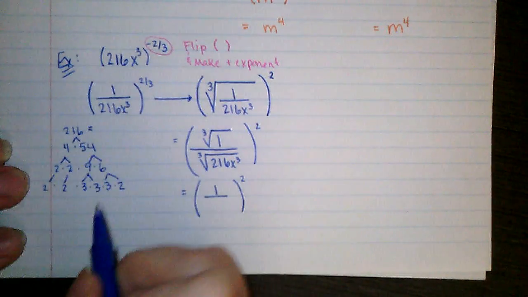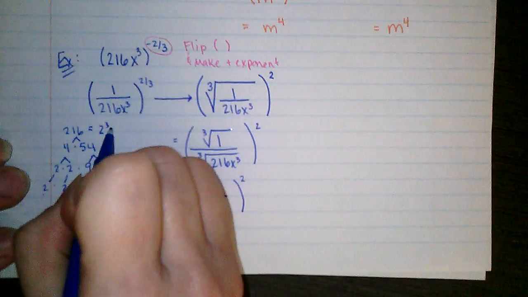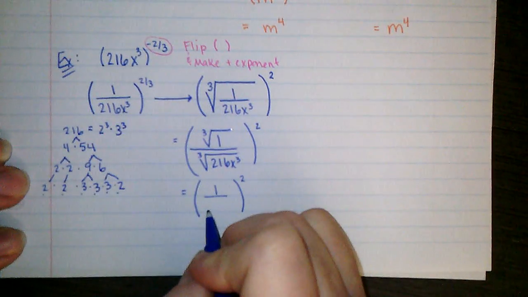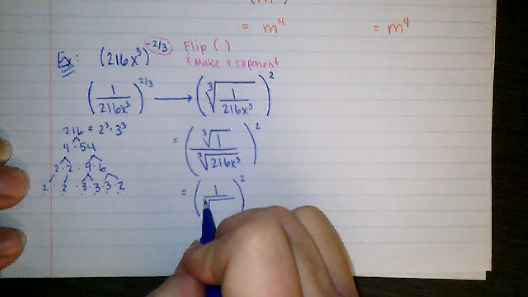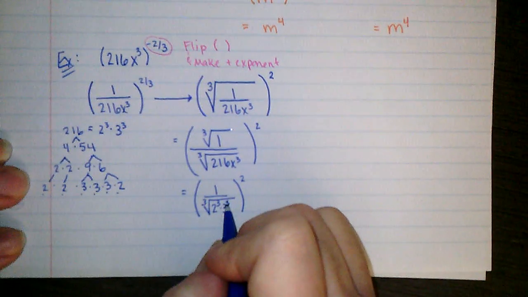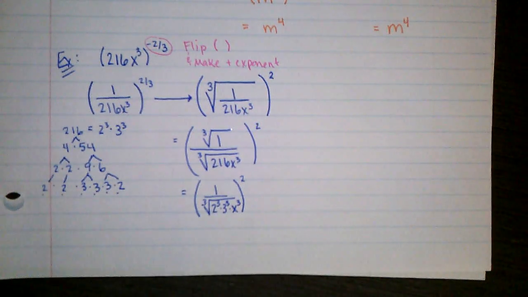So 216 would be the same thing as 2 to the 3rd power times 3 to the third power. So now I have cube root of 2 to the third power times 3 to the third power times x to the third power. And now I will simplify inside my radical.